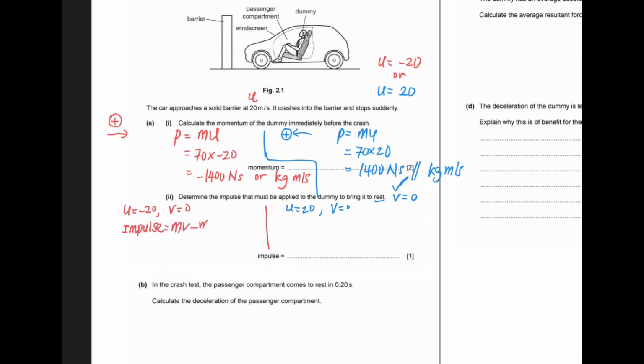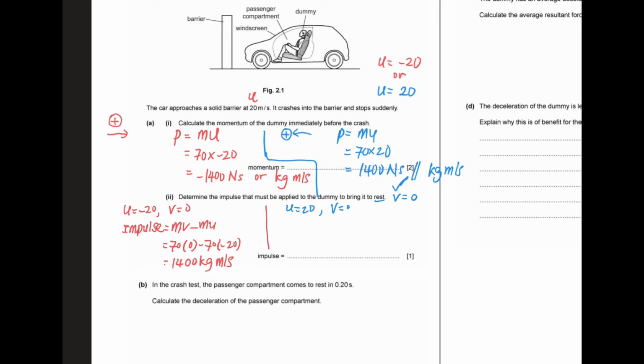Impulse equal to mv minus mu, 70, 0, and then 70, the u, negative 20. Okay, so then you get 1400 kg meter per second. So you get something like this.